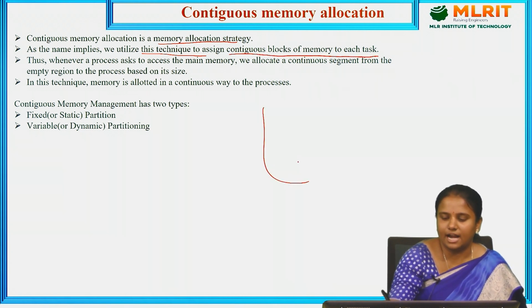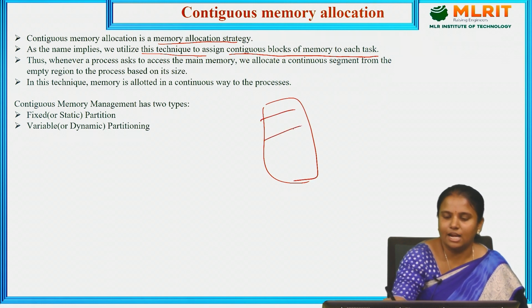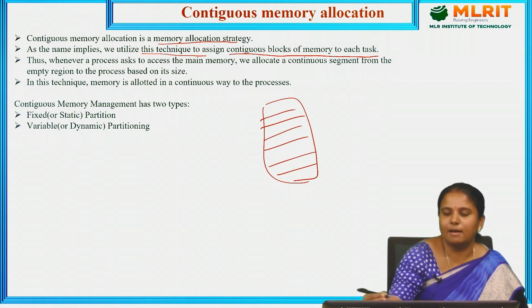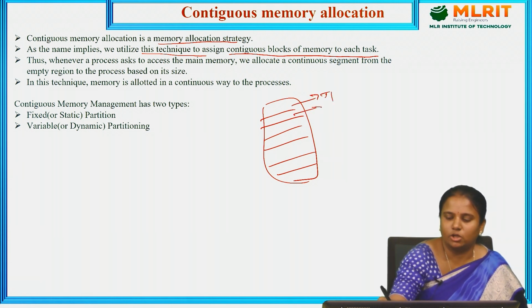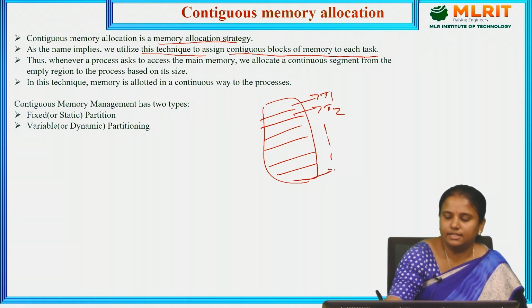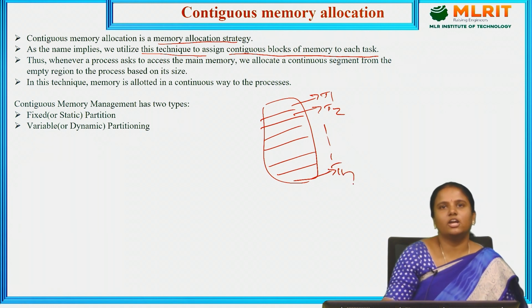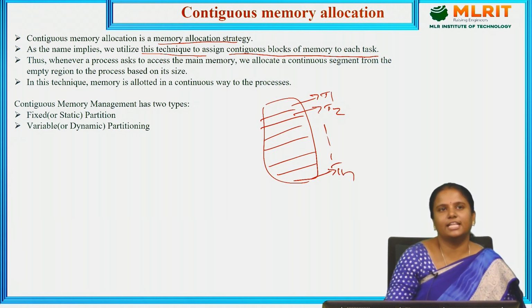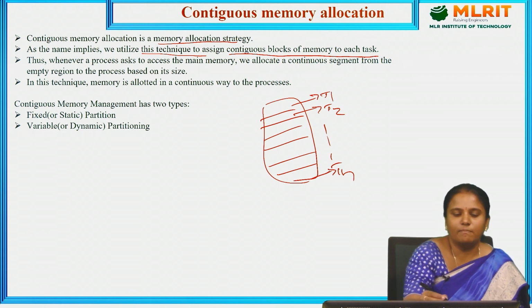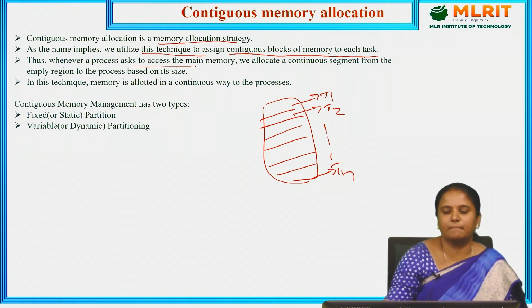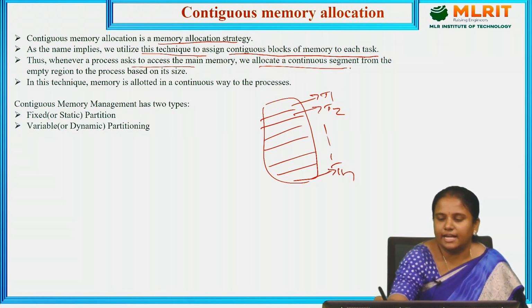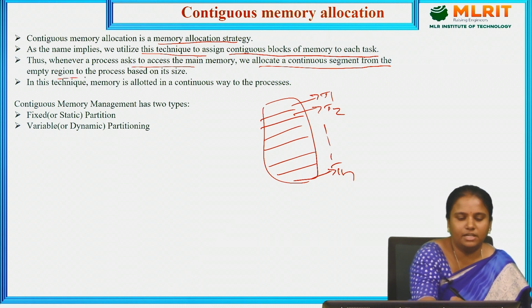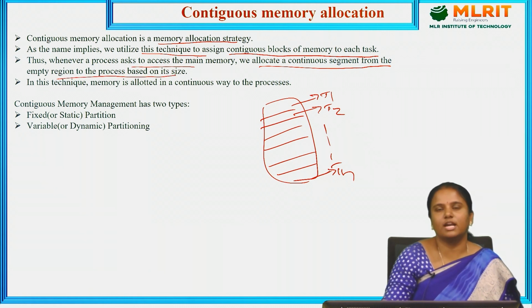So we are continuously allocating blocks of memory to each task, T1, T2 and so on up to Tn. Thus whenever a process asks to access the main memory, we allocate a contiguous segment from the empty region to the process based on its size.